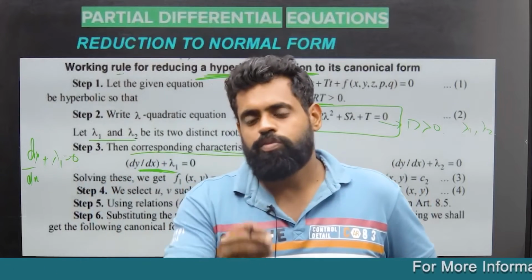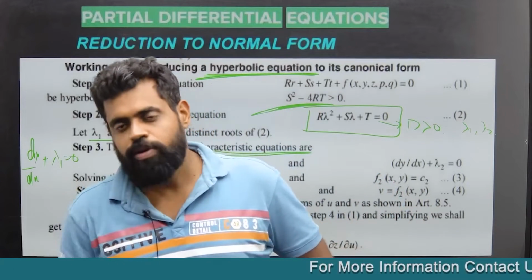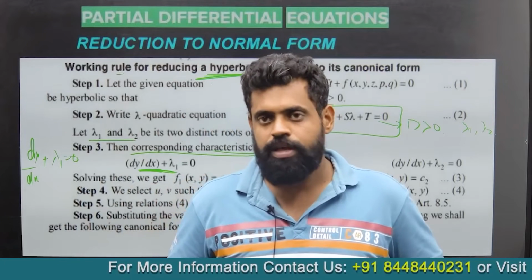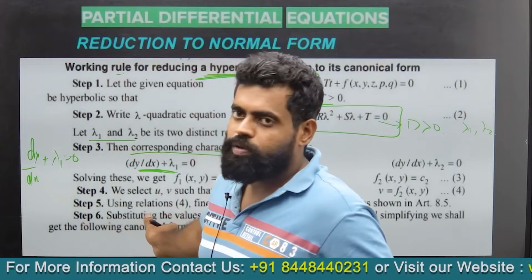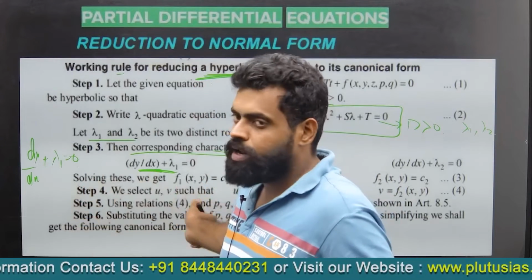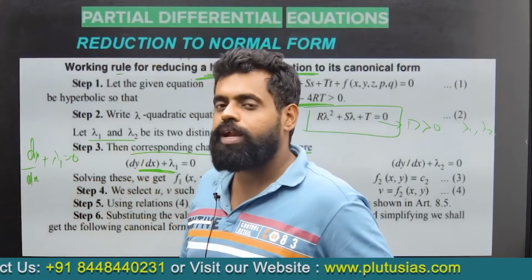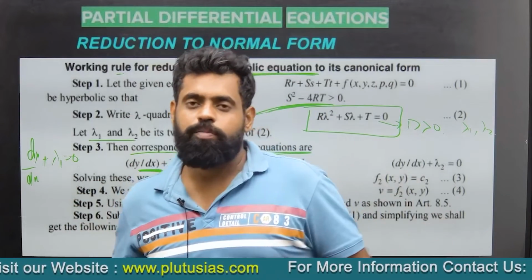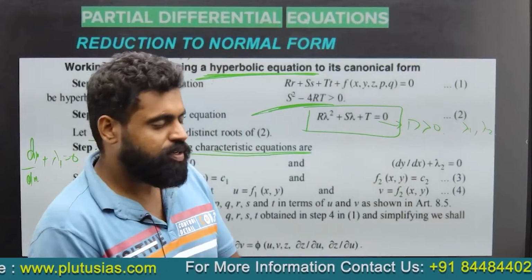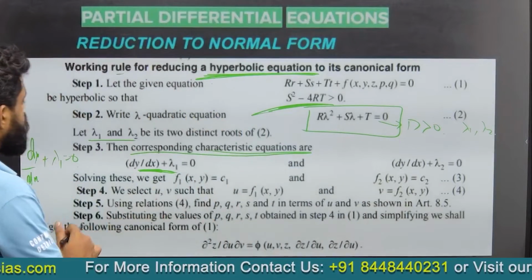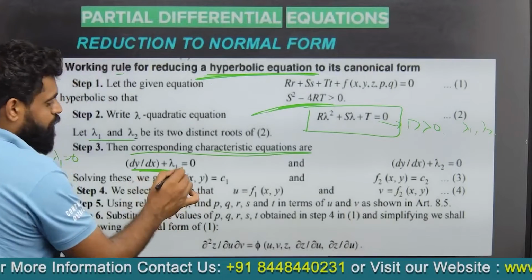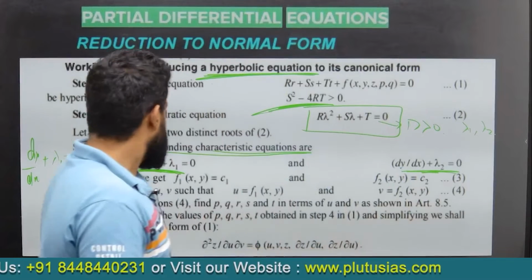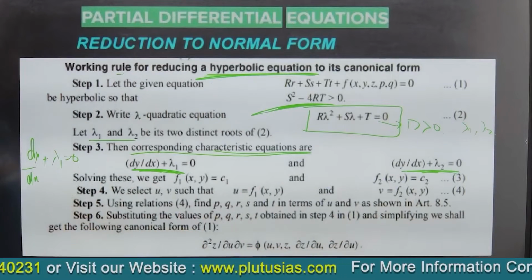Our main aim is to score maximum marks: learn the algorithm, learn the concept, apply it. From where this comes, it will take a whole MSc degree to understand, or what the existence or properties of characteristic equations are. None of those things matter. For now, understand that dy by dx plus lambda 1 equal to 0 and dy by dx plus lambda 2 equal to 0 give you the characteristic equations.